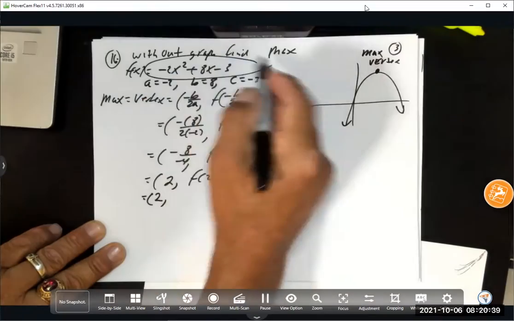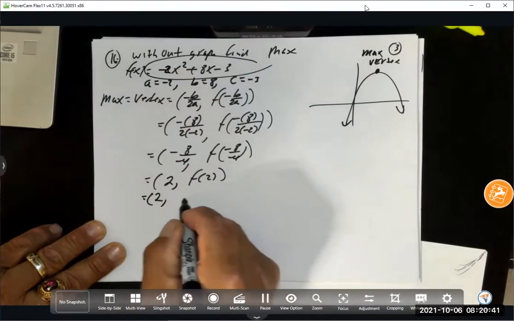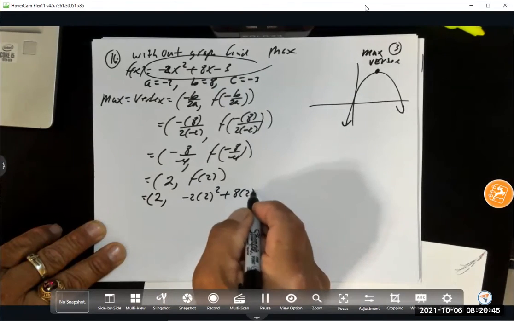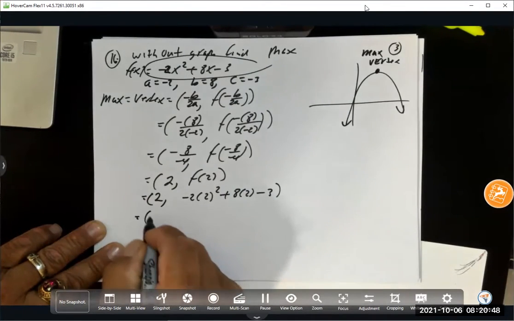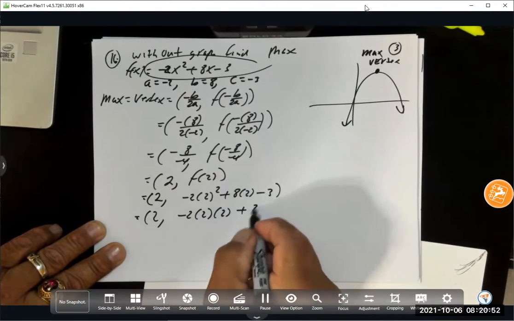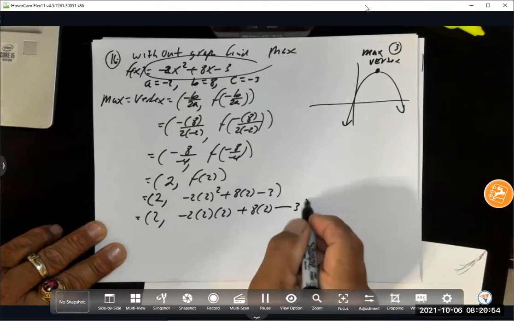You put that back inside the original problem: negative 2 times 2 squared plus 8 times 2 minus 3.